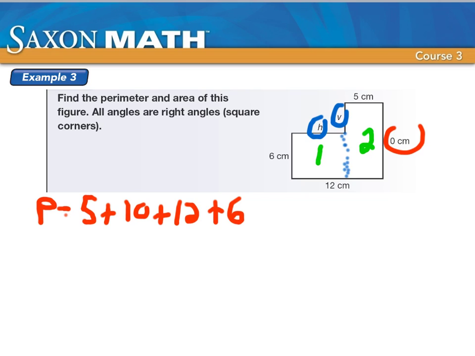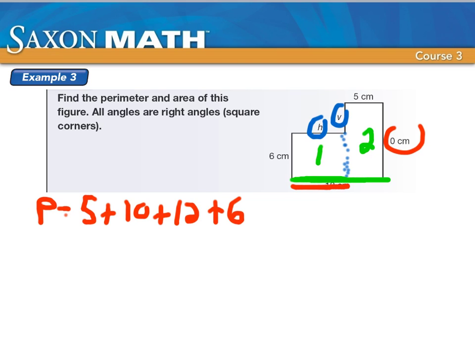So I should be able to find out what h is, because if I look, this whole distance right here is 12. But I only need to know what this little part of it is, right here.